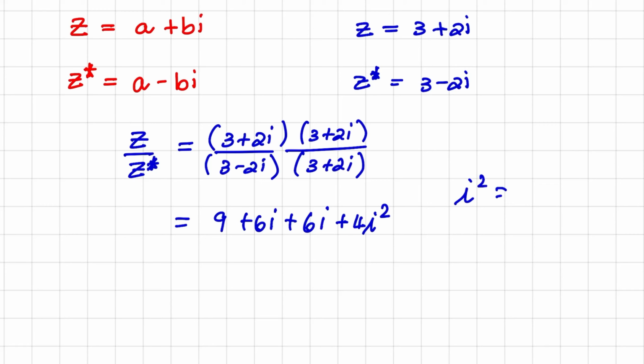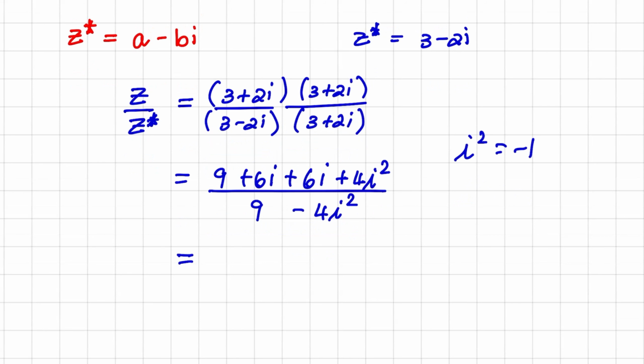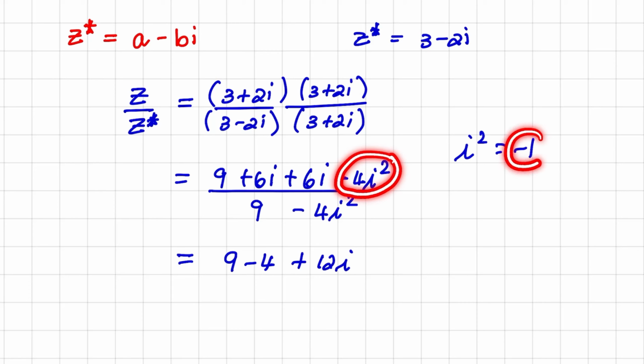In the denominator, remember that i squared becomes negative 1 over 3 times 3, which is 9. And then the middle terms will cancel out. So it's minus 4i squared. And if I simplify further, in the numerator I have 9 minus 4 plus 12i, where the minus 4 comes from 4 multiplied with negative 1.